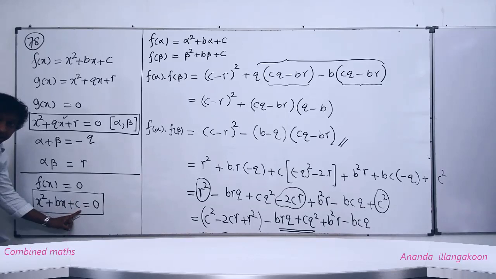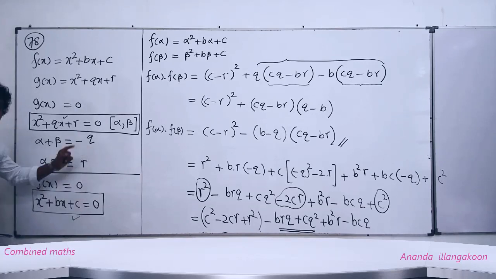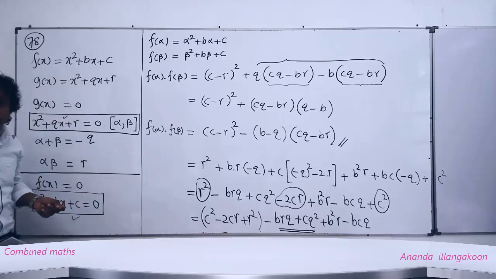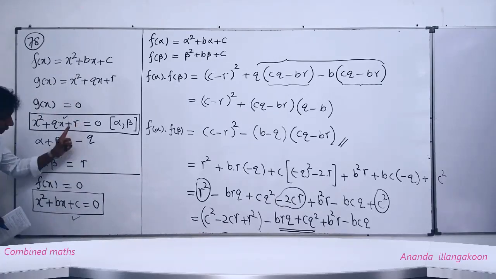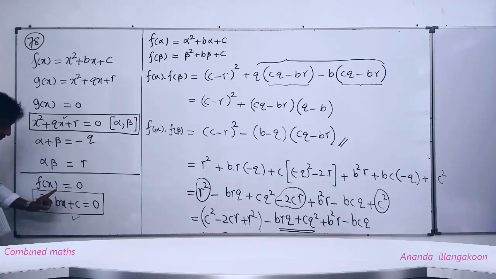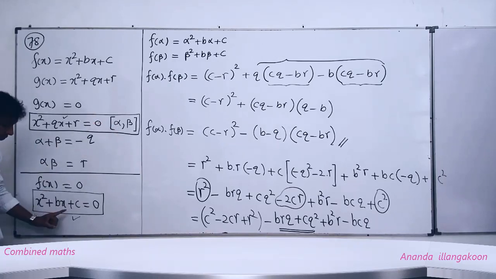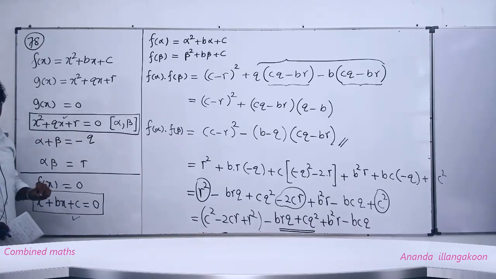Or if this equation has one root as beta and the other one is delta, again these equations have a common root. So in order to have a common root, definitely this equation should have a root either alpha or beta. If this has a root either alpha or beta, people, then this and this will have a common root. Correct, no people?